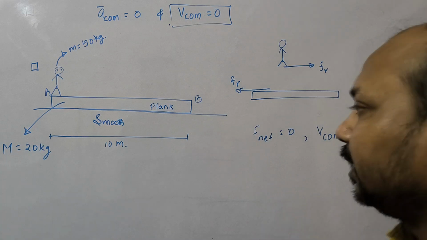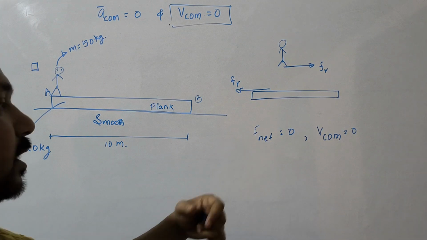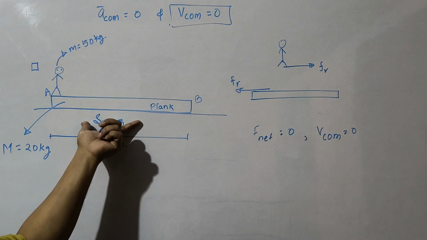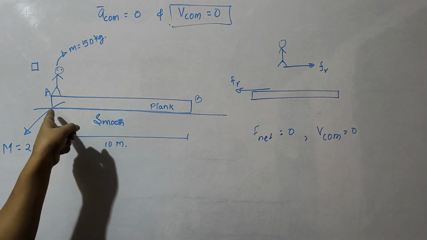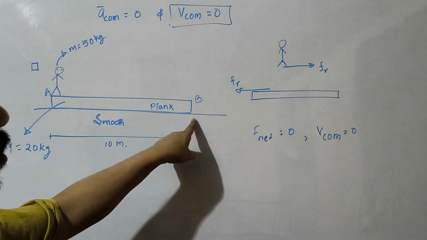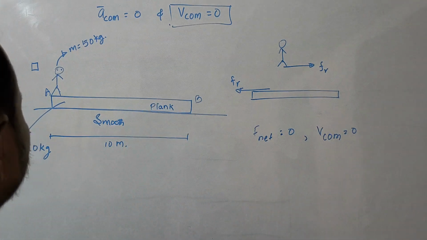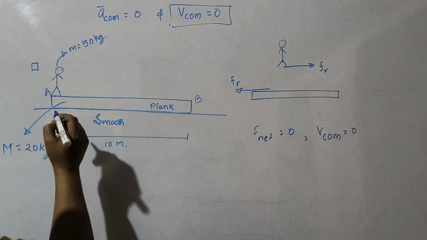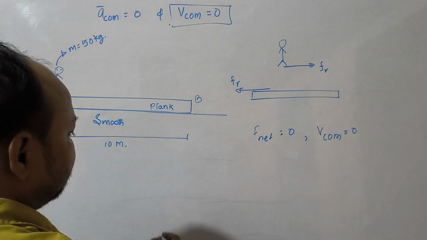So if the center of mass is at rest, the center of mass will be at its initial position when the man comes to end B. Let me draw this.